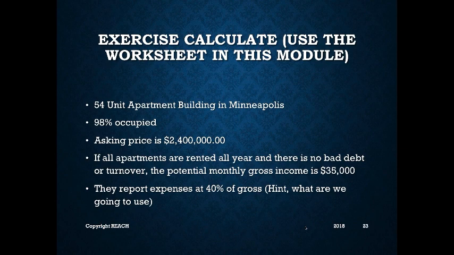They're asking $2,400,000. So if all apartments are rented all year and there is no bad debt, there is no turnover, the most this property could make is a potential monthly gross of $35,000. They report expenses at 40% of gross, so that's what we're going to use in this example.